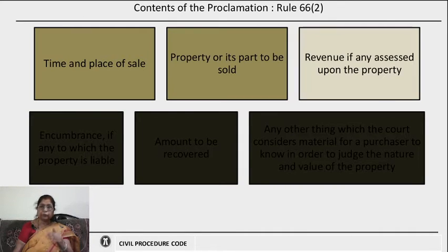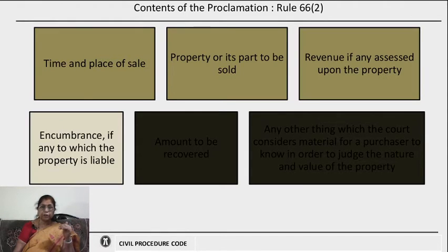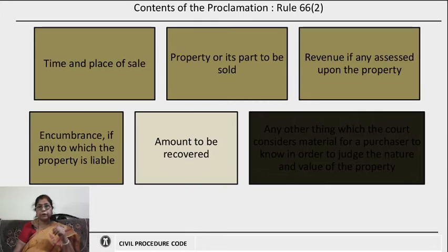Thirdly, if the property is assessed to revenue, the revenue assessed upon the property has to be stated in the proclamation. Then the proclamation should also state the encumbrances, if any, to which that property is liable. Suppose the property has any encumbrance upon it, that has to be stated in the proclamation.